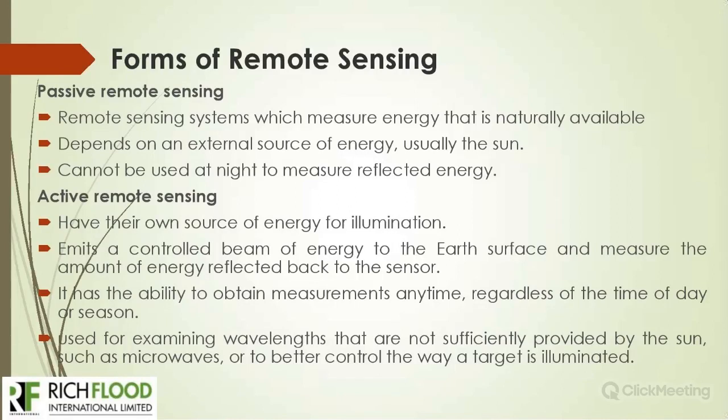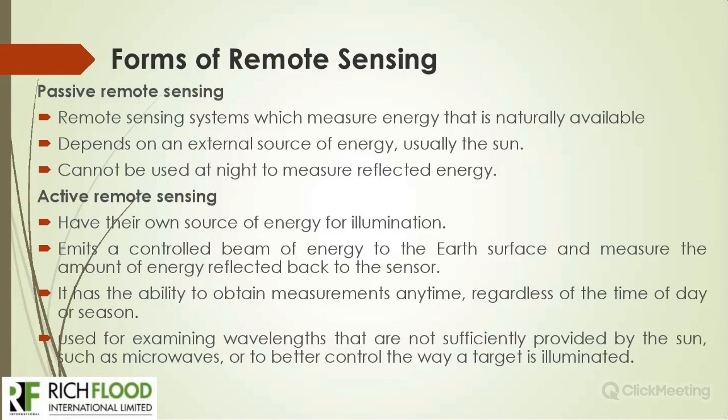So that is how an active remote sensing system works. It emits its own energy. It's different from passive remote sensing, whereby it depends on the sunlight, the reflection of the energy transmitted from the sun, which is sent back to the sensor.